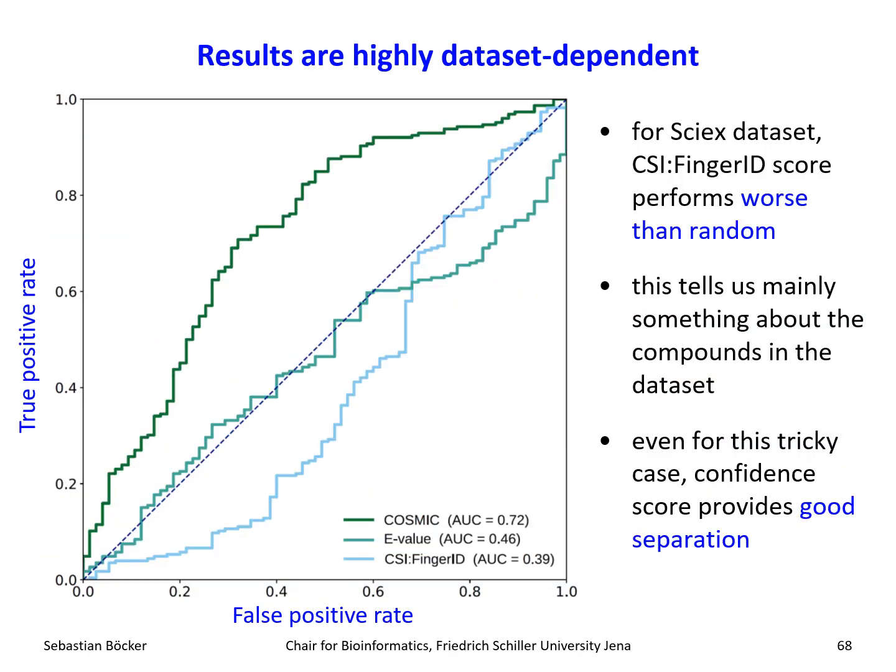And why am I not talking too much about the actual numbers? Because these numbers are super dataset dependent. It depends on the query spectra that are in the dataset that you use for evaluation. It depends on the structure databases. Are there many candidates? Are there few candidates? It depends on how many of those you can actually annotate, because we are never throwing away anything, even if the correct answer is not in the database, because that is something that might happen.